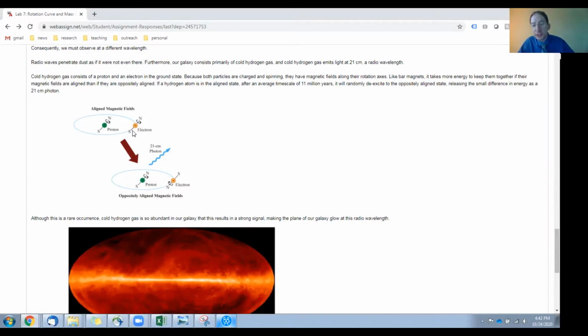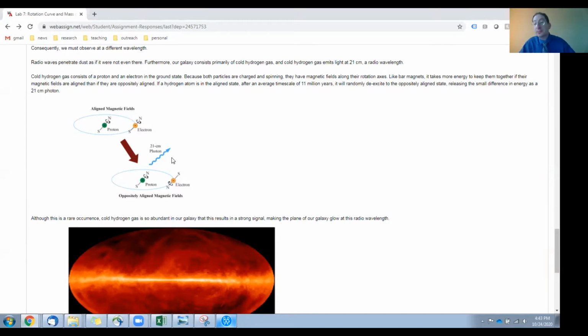We call that collisional excitation. Then, after a random long amount of time, the electron will automatically transition back down to the lower energy state, releasing the difference in energy. And it's a small difference in energy corresponding to a 21 centimeter photon. And that's where the emission line comes from.